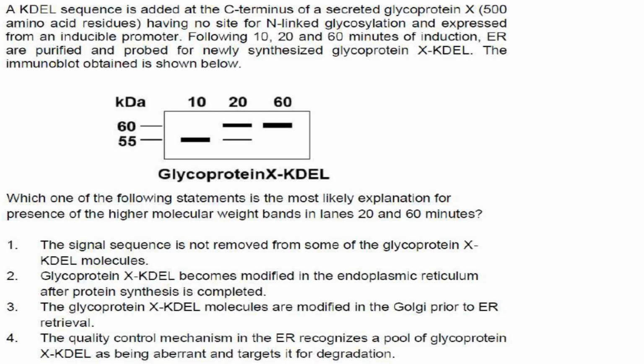Now what this experiment is doing is they have added the KDEL sequence to the C terminus of a secreted glycoprotein X. So formerly this glycoprotein X was secreted. Now the KDEL sequence is added to it, so naturally it will go to the endoplasmic reticulum. Then 500 amino acid residues having no site for N-linked glycosylation and expressed from an inducible promoter.